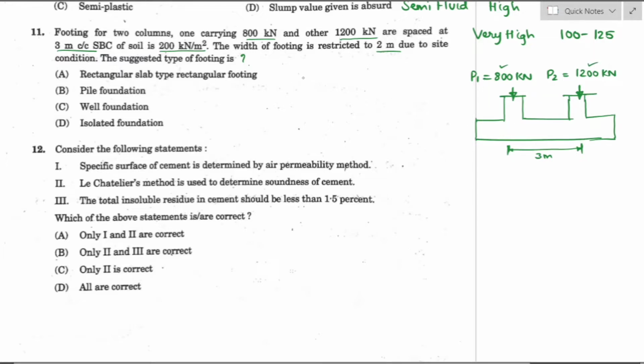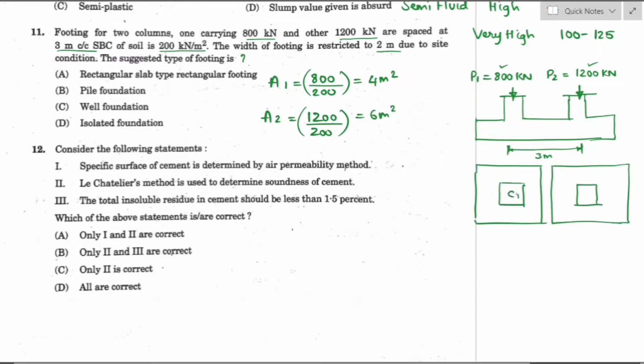To decide the width and type of the footing, we have to first calculate the area of the footing. For column 1, the area of the footing will be load divided by safe bearing capacity. Safe bearing capacity is given as 200 kN per meter square, so the area will be 4 meter square. Similarly, for the second column, area is 1200 kN divided by 200, which is equal to 6 meter square.